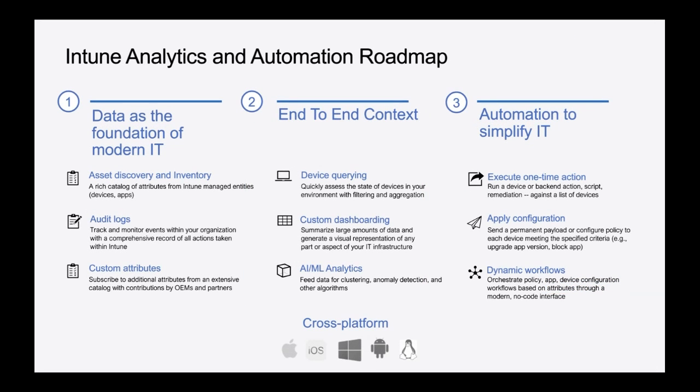I'll skim through this one fairly quickly, but we also have some long-term investments on the analytics and automation roadmap. We're hearing from our customers that they need more data, they need more attributes on the devices being stored in Intune, and they also need to be able to use those to both generate reports and to automate.